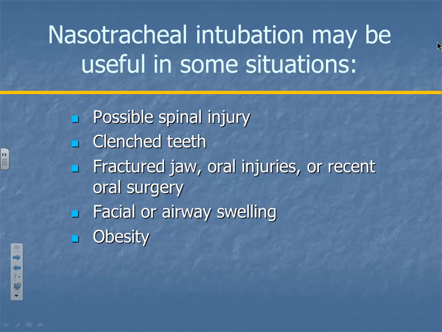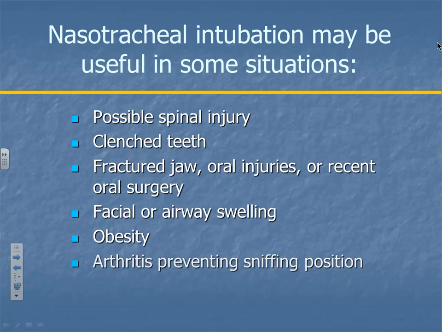Oftentimes, it's like they have a really short neck, and you're not able to see well at all. So with an obese patient, you may consider doing a nasal intubation. Arthritis, yeah, if you can't put them in the sniffing position, if you can't get their head back, sometimes that makes it a lot more difficult to intubate, but it would be the same way if they had a spinal injury.